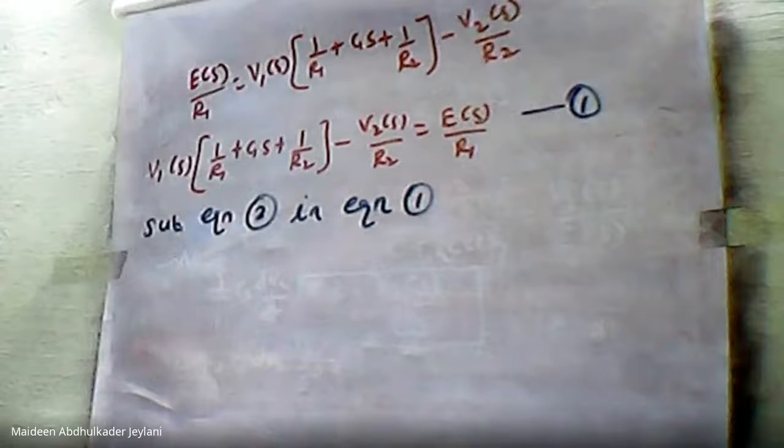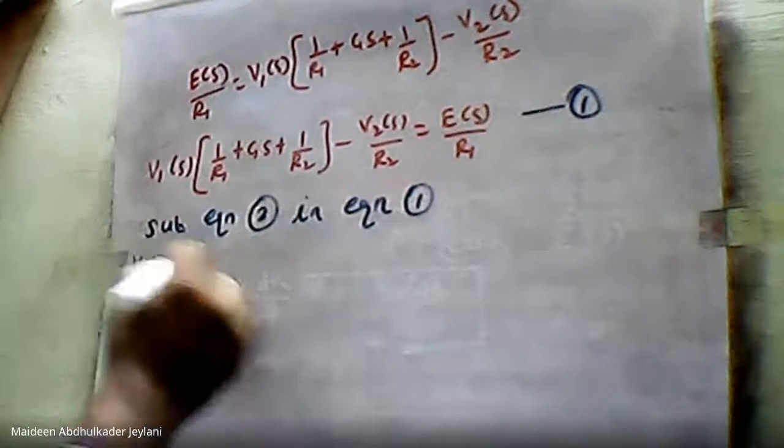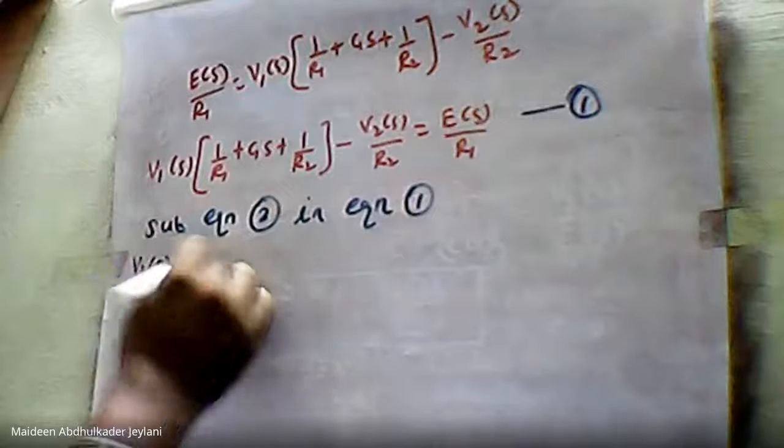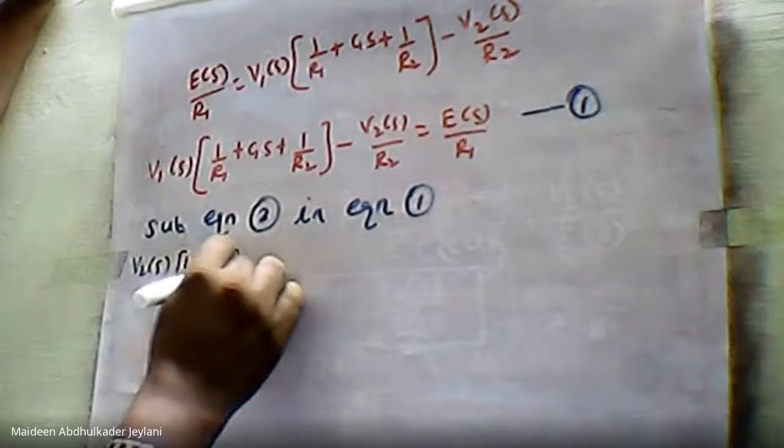So V1 of S we can substitute as V2 of S into 1 plus C2 into R2 into S.